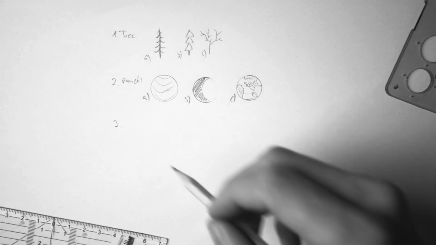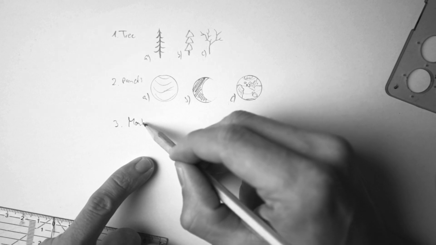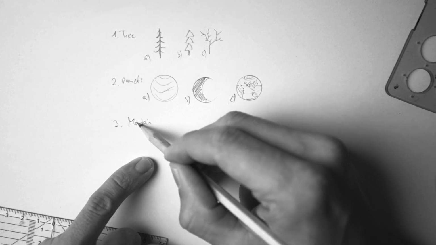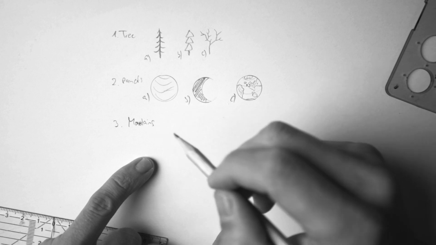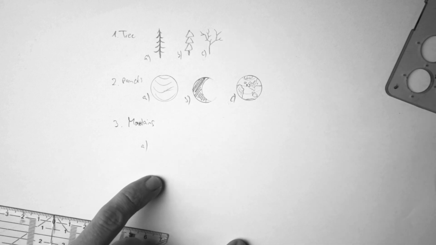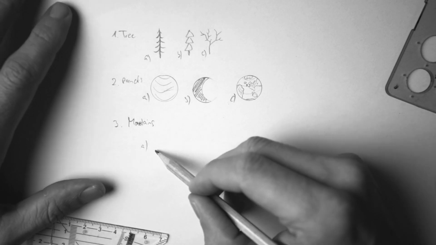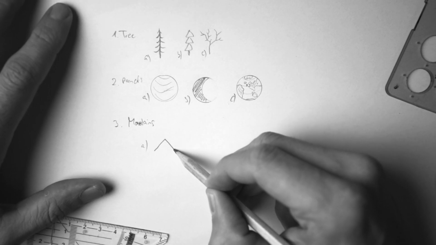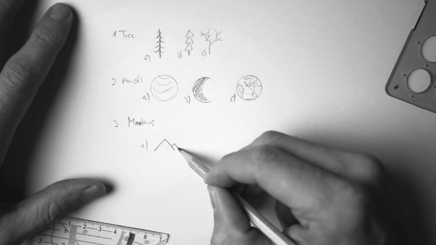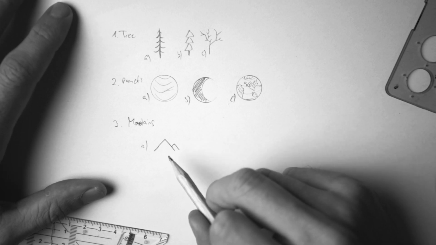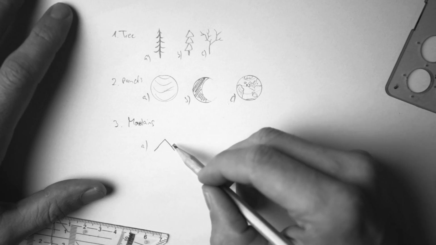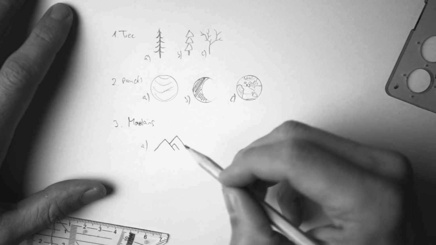The third ingredient can be mountains. And the first mountainscape you can use is a very basic one. Just use triangle lines and make them next to each other or overlap each other and stuff like this.